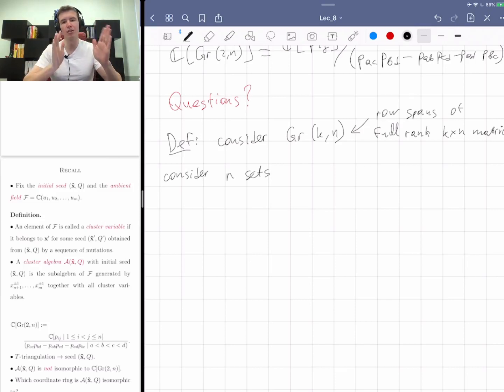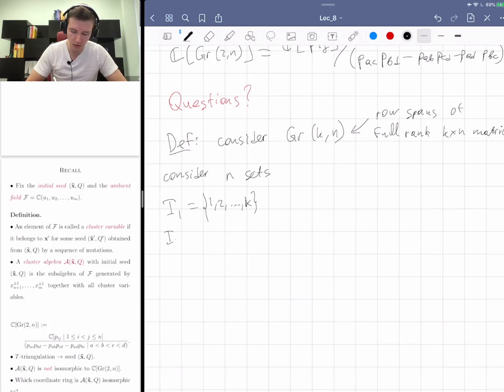I'm going to consider all cyclically consecutive k-element sets. I_1 is 1, 2, up to k. I_2 is the set 2, 3, up to k plus 1. And so I keep going until it wraps around. So the last one is going to be I_n, which is n, 1, 2, up to k minus 1.